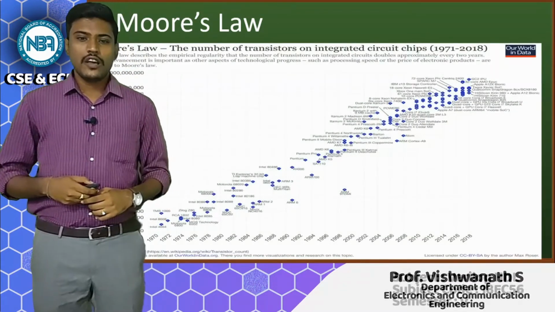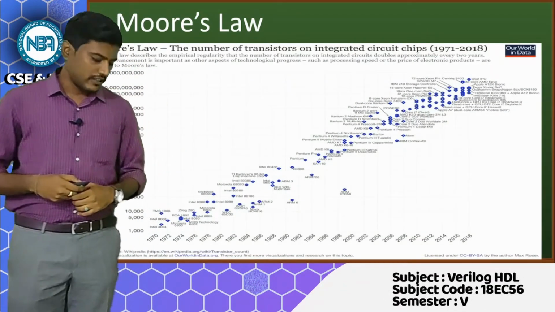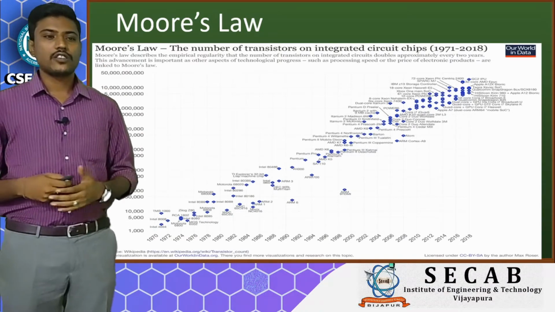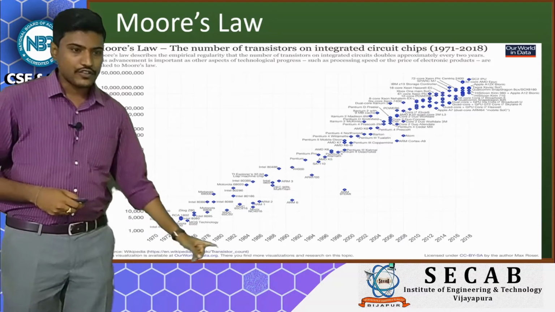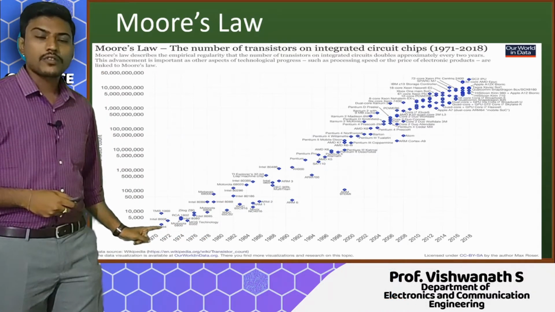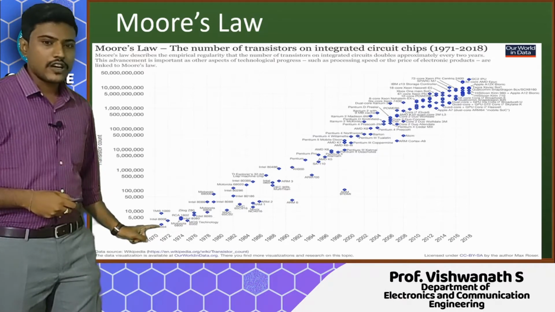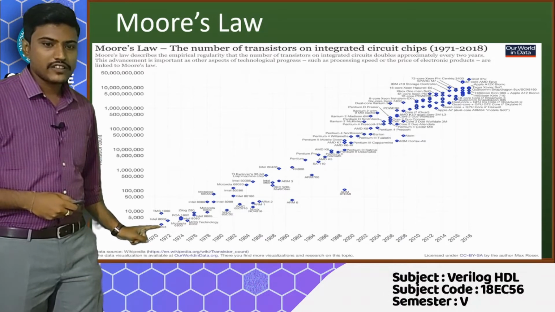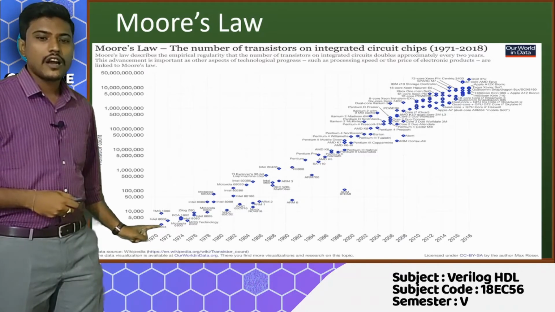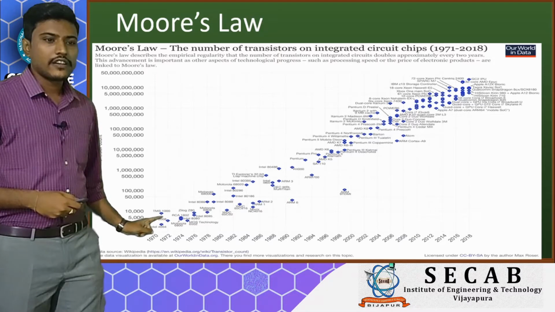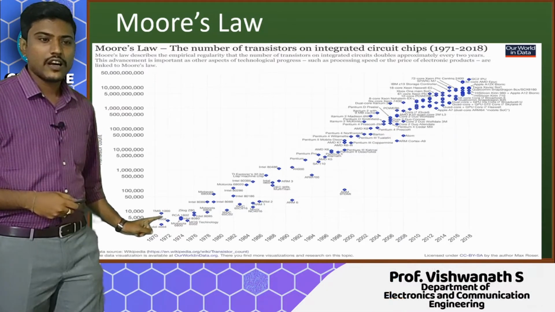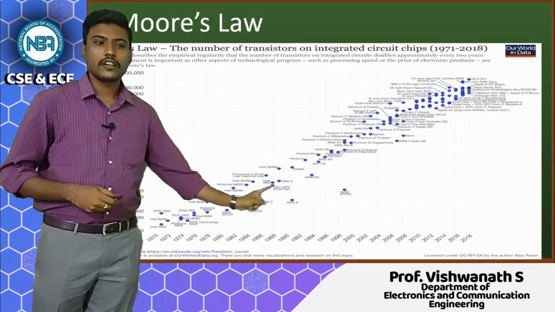This is how the current electronics industry has evolved, taking Moore's law into consideration. As you can see over here, this is where our first microprocessor came, in the 1970s. In 1970, Intel 4004, and then Intel 8008, and it goes on increasing.